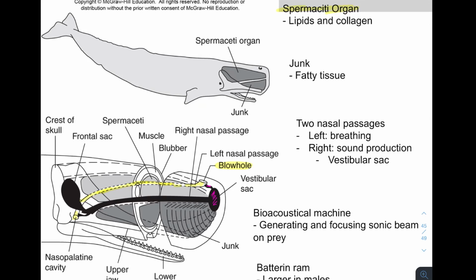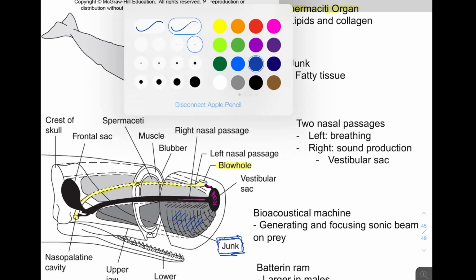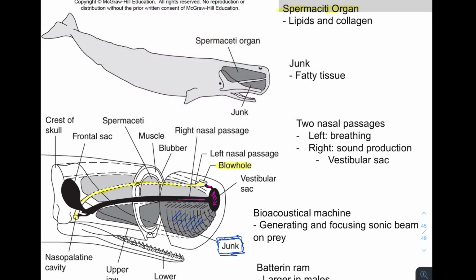And from there, the nasal passage becomes this tube that goes between the spermaceti organ, and below in this area is another big area called the junk, which is filled with fat tissue.